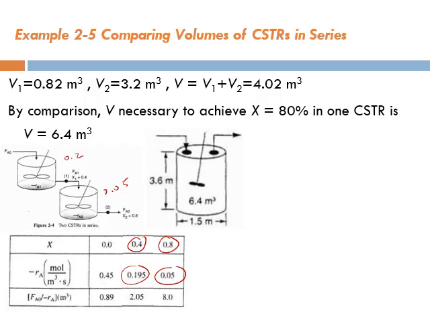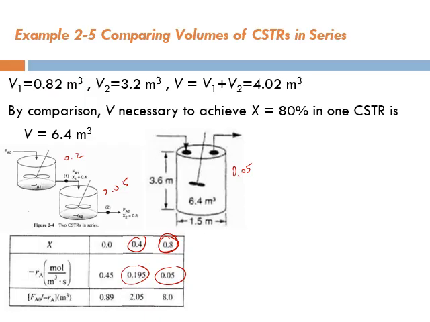And the same thing with the one single CSTR, where the conversion is 0.8, the rate is also 0.05 mole per cubic meter per second. So as we said, higher rate of reaction will require less volume, correct?